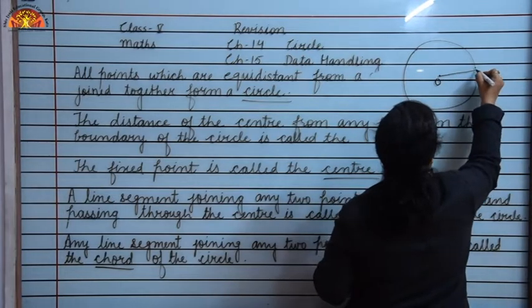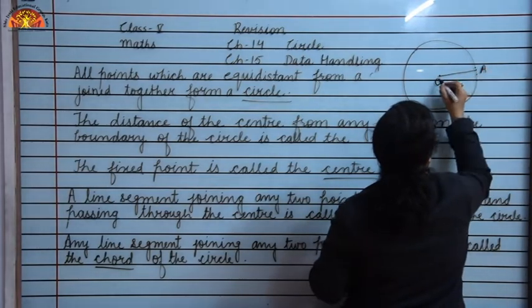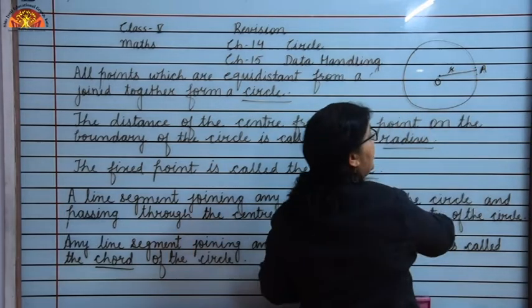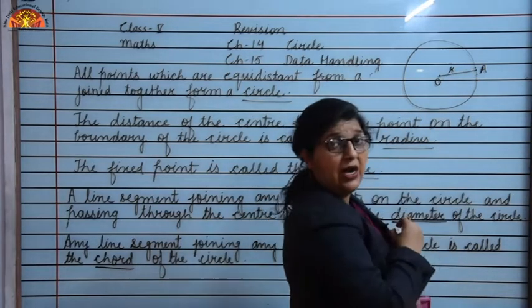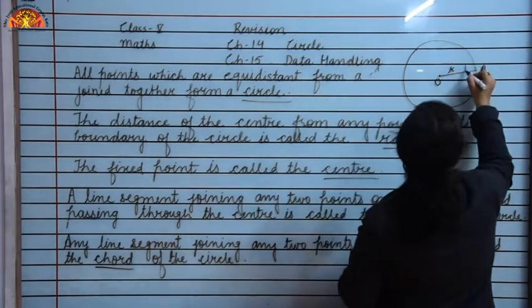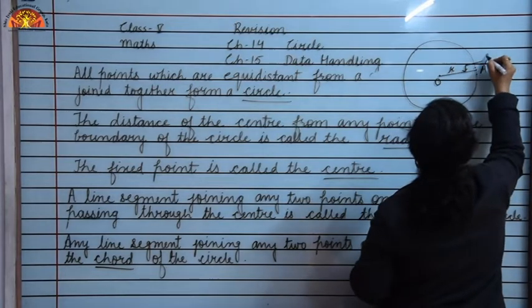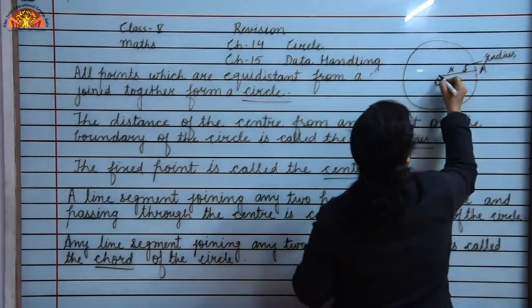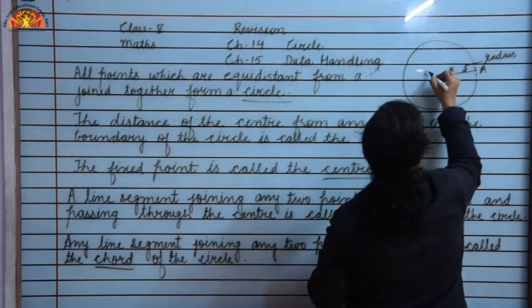We mark this point suppose A. So OA is the radius of the circle and we denote this by R. So this is the radius of the circle, and O is the center of the circle.